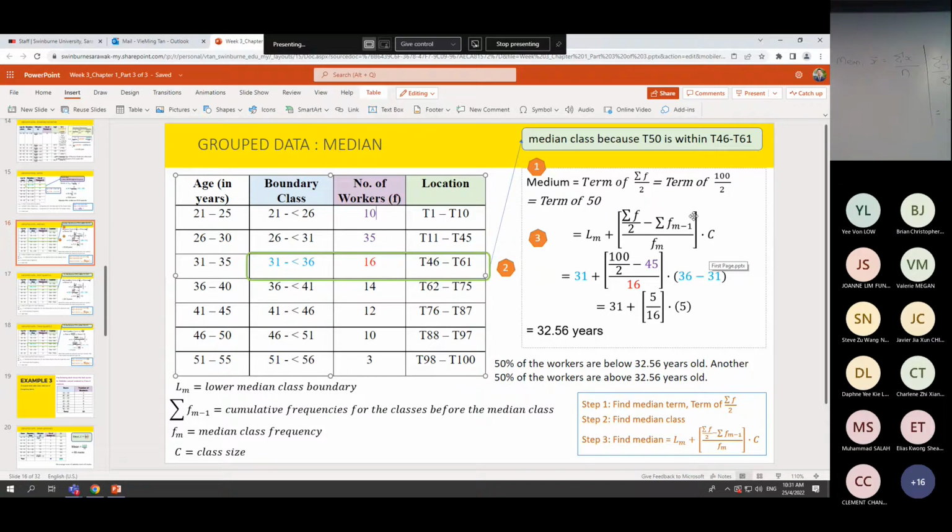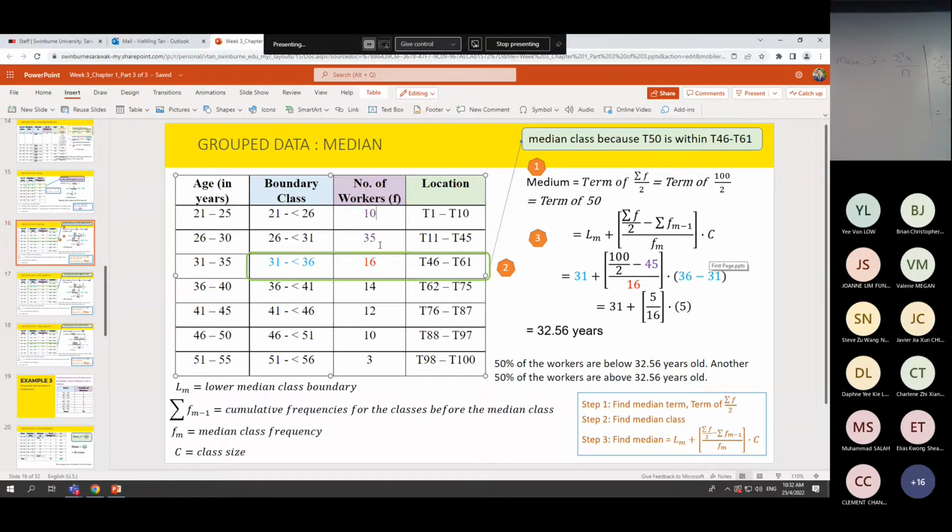Okay, how about this one? Total F and then M minus 1. What is the meaning? This is the cumulative frequency. Frequencies, that means more than one class. More than one class before the median class. Before the median class, how many classes are involved? This is the median class. So before the median class, we have the second class and the first class, right? 2 classes.